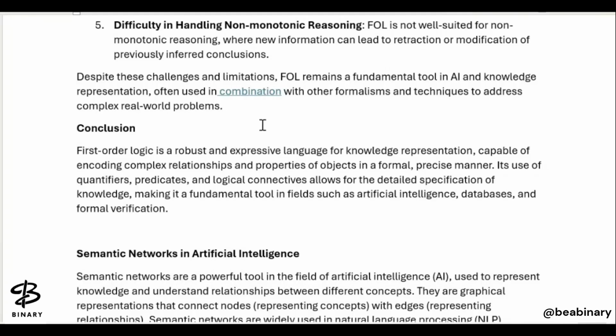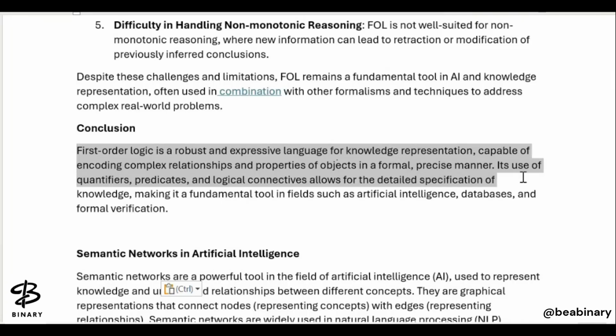So what do you understand by predicate logic? Predicate logic is a robust and expressive language for knowledge representation, capable of encoding the complex relationships and properties of objects in a formal, precise manner. You need to know the main components of a particular logic of knowledge representation.